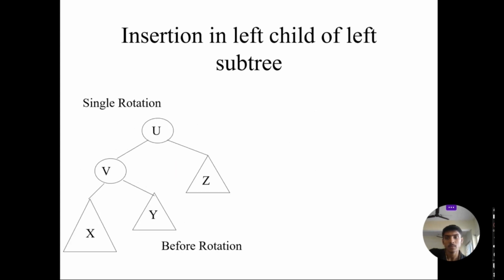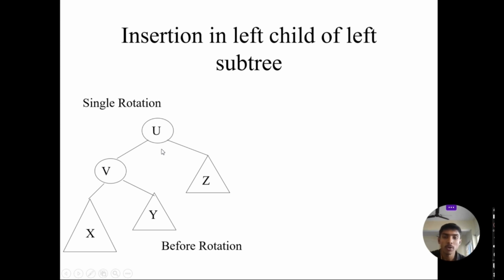Let's see the insertion in the left child of the left subtree. If we insert x there, there is distortion in the tree structure. To fix this distortion, we rotate the tree. When we insert in the left child of the left subtree, we rotate to the right.